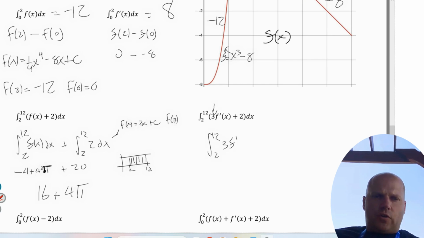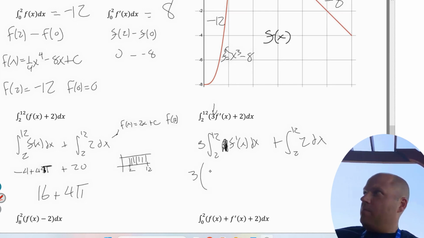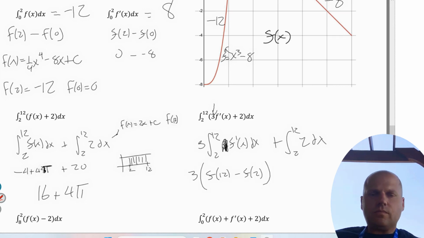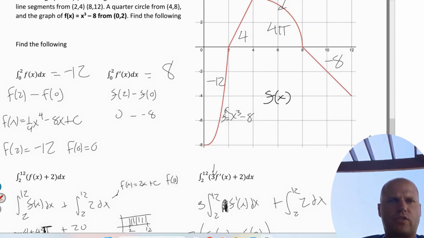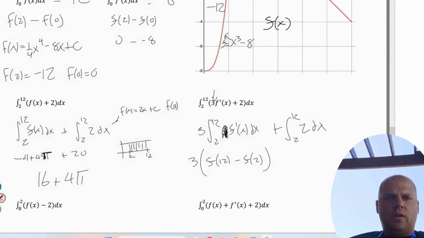If you're ever unsure, split it up. You can only split up sums, you can't split up products. If you have a constant, you could just pull the constant out. You want to accumulate f prime, it's a calculus video. Yeah, f of 12 minus f of 2. F of 12 is negative 4, f of 2 is 0.